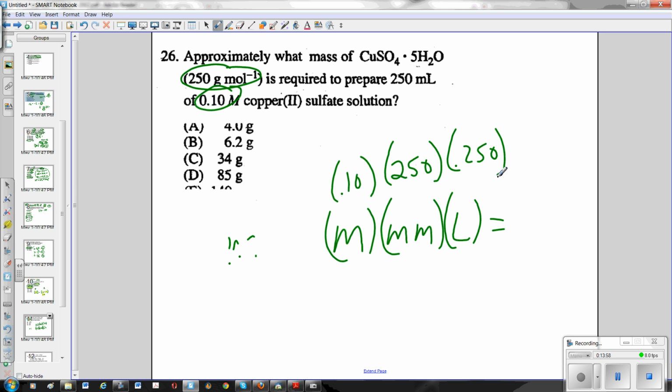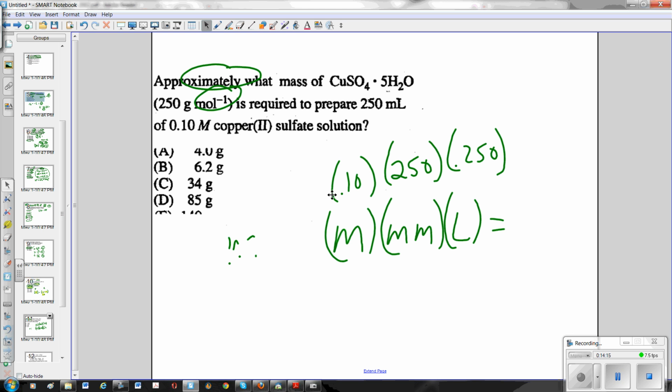So if you look at the setup right there, it's very simple. It's going to be basically 0.1 times 250 times 0.25. Very, very simple calculation. When you go to do it, think of it this way. If you take a tenth of 250, so this is technically a tenth.